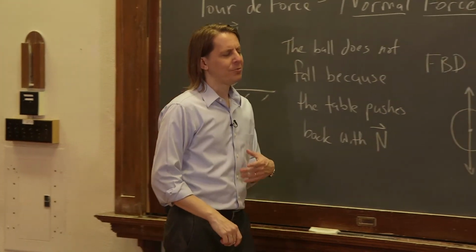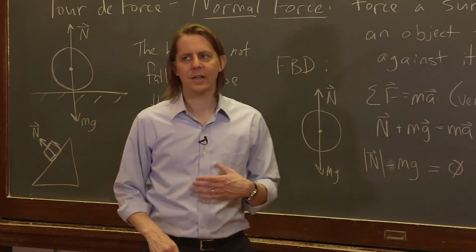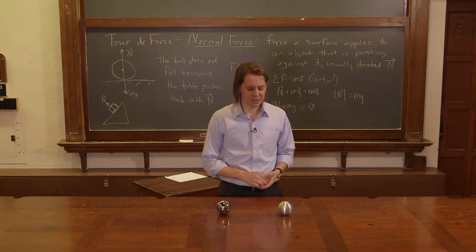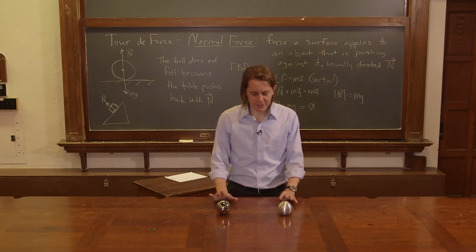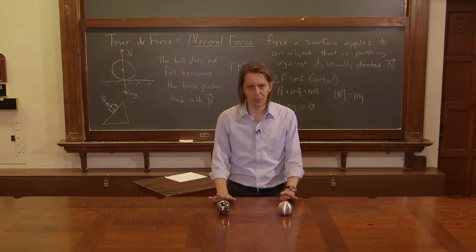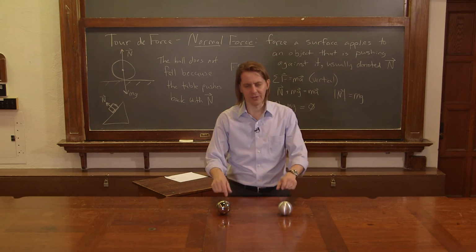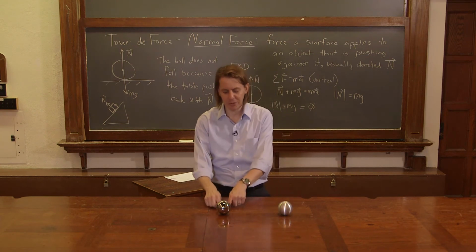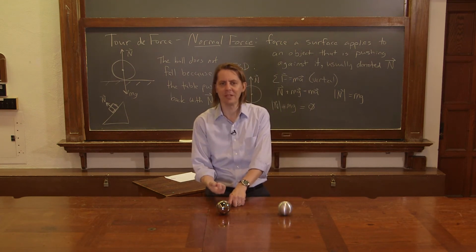And the other thing about normal forces is they can change between different situations and different bodies. Here, I just told you that these aren't falling because of a normal force from the table, right? But they have different weights, or different mgs. This one was 18 newtons and this one was 6 newtons. So over here, somehow the table knows enough, it better push back with 18 newtons.